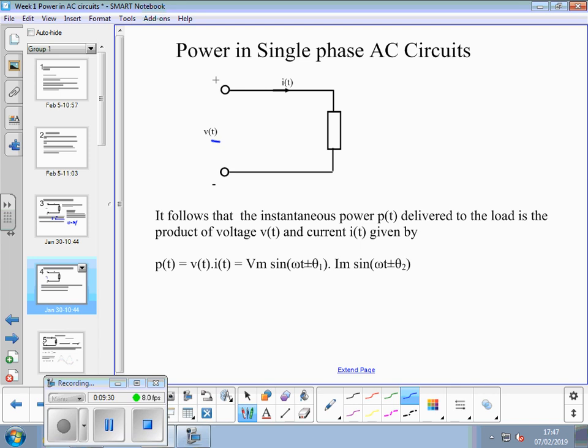So we can do Vm sine omega t plus or minus the angle times Im sine omega t plus or minus the angle. And that way you could calculate the instantaneous power at an instant. So that's a fairly simple application of the formula power is equal to I times V, and the units are watts.